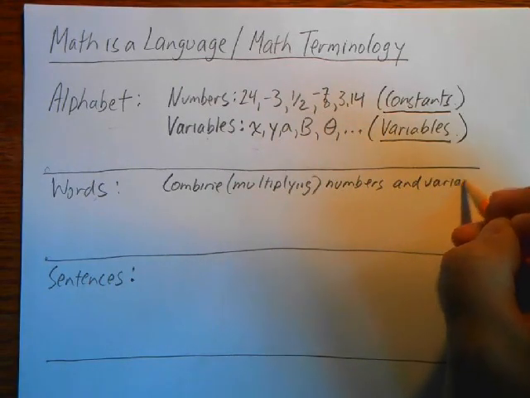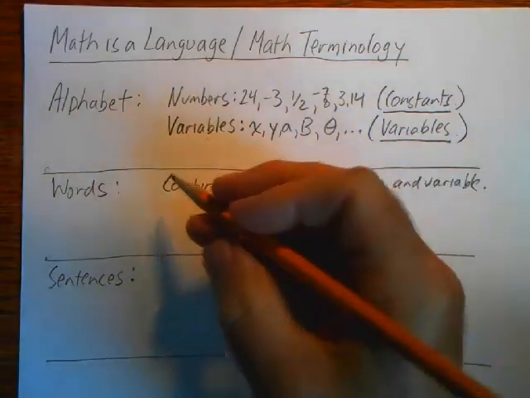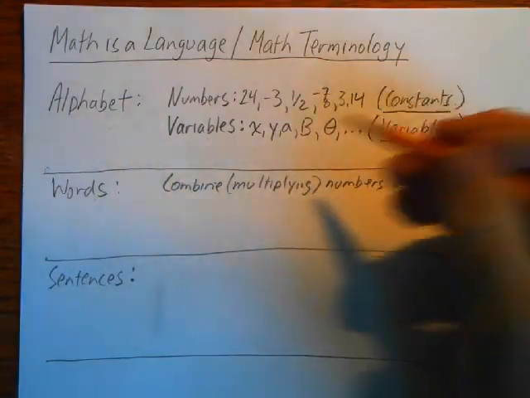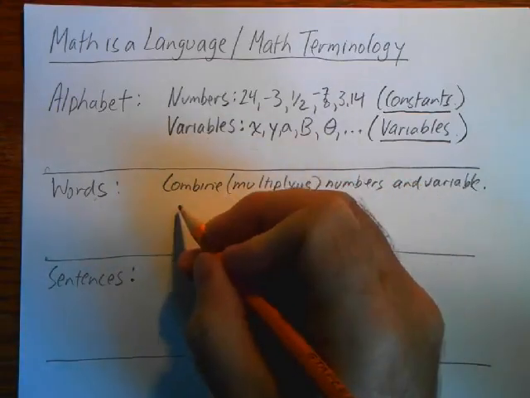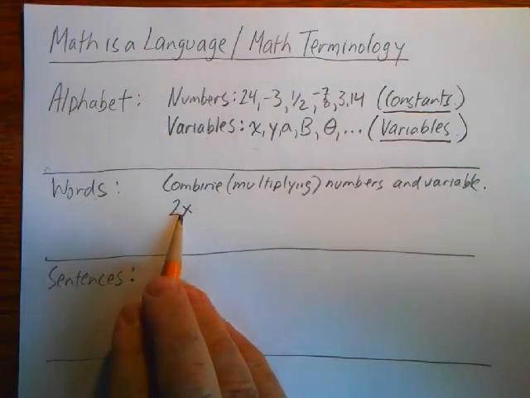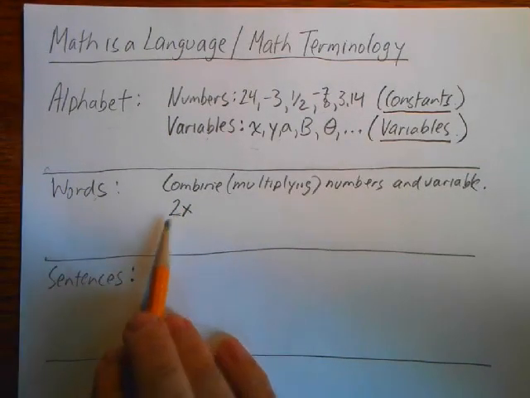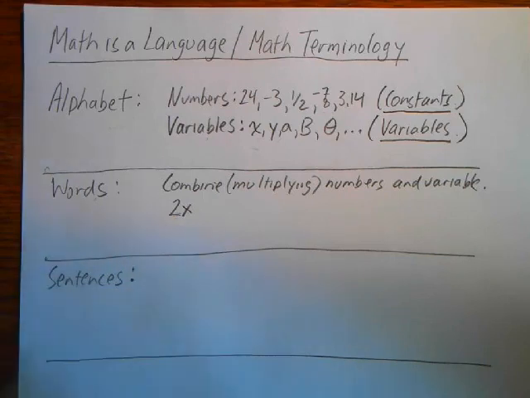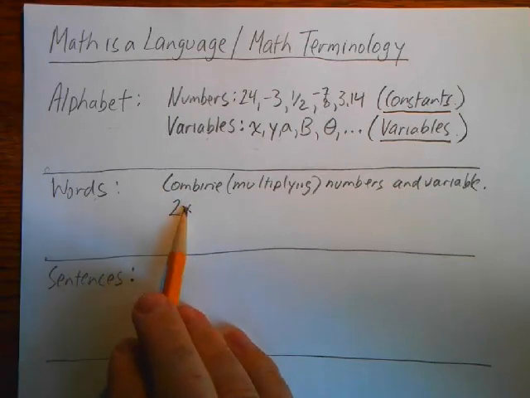So for example, I could take the number 2 and the variable x, multiply them together, and we get something like 2x. In math, if they're up against each other like that, that means we're multiplying together. So 2 times x, that's basically a math word.